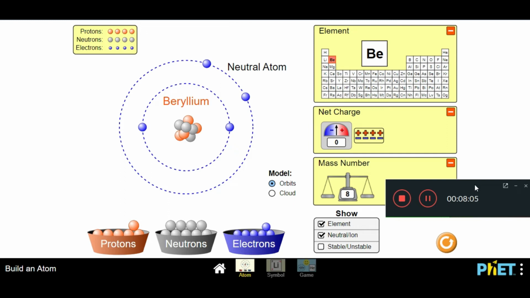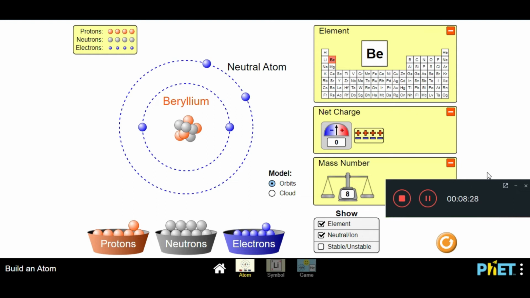As the name implies, neutron means neutral. So the charge of a neutron equals 0, so it has no impact on the net charge. And about the mass number, you already understand, of course, that when we put one more nucleon into the nucleus, it will increase the mass number.